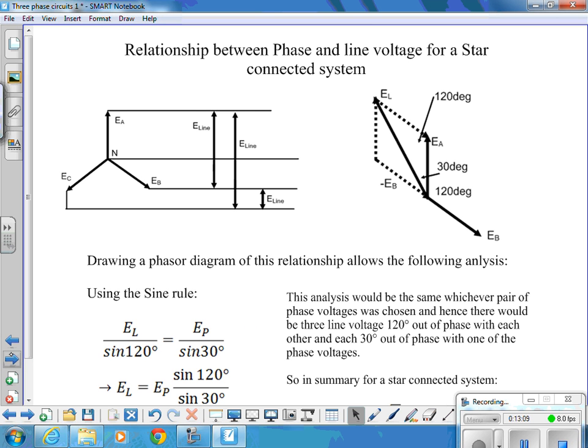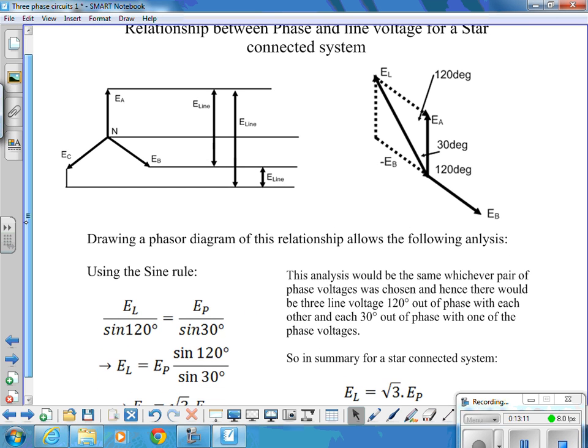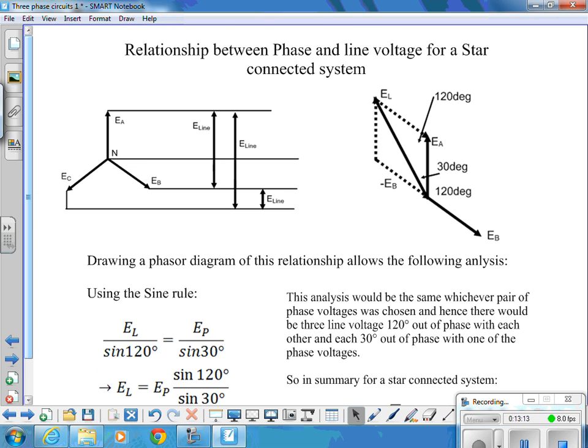So from that, we can draw a phasor diagram. Here's EA up here, this one. EB is 120 degrees out of phase down that way. So minus EB is this dashed line up here.